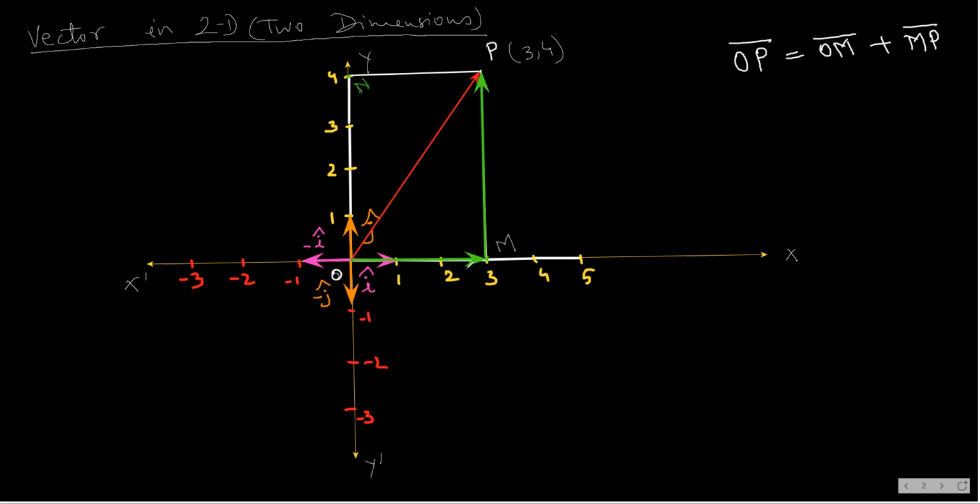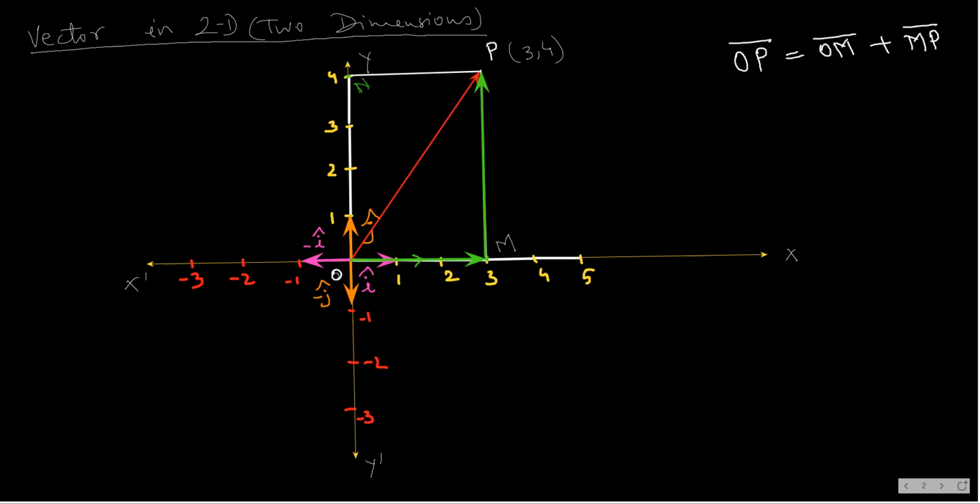So what is OM bar? Try to get this. Look at the vector OM bar, starting from O and up to M. Now you understand that the magnitude of OM is 3 and it is in the direction of positive x-axis.